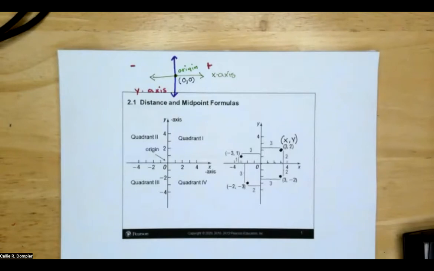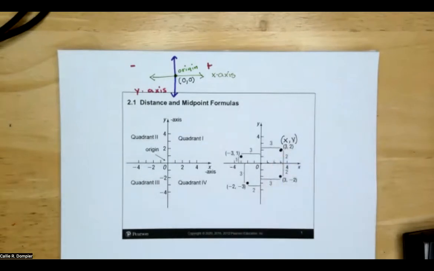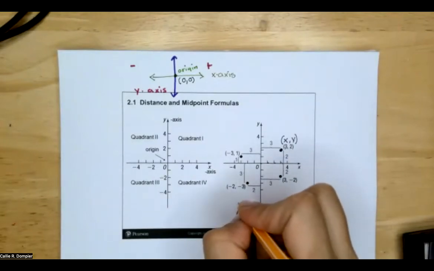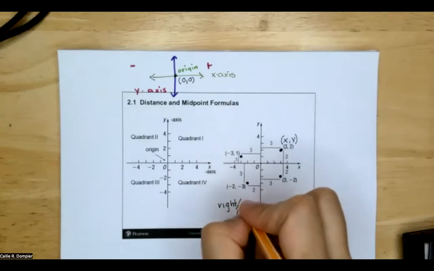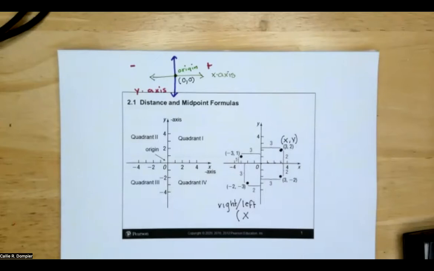Good. So when you're looking at these points, it's basically the first number tells you how many units to go left or right. The second number tells you how many units to go up or down. I'll write it again. This is x. X means right or left. If it is positive, you go right. If it is negative, you go left.